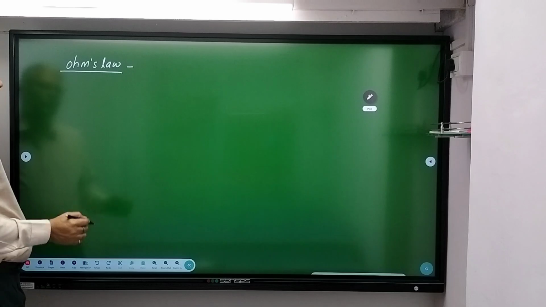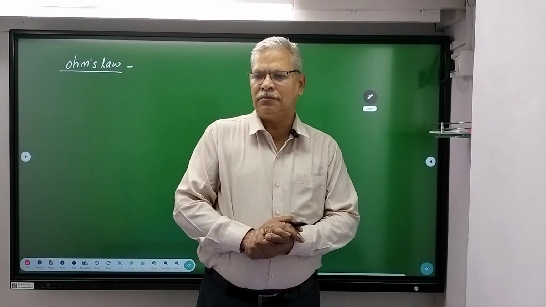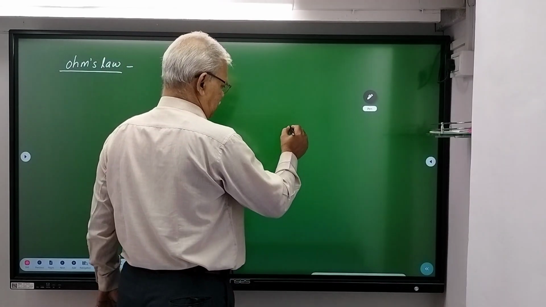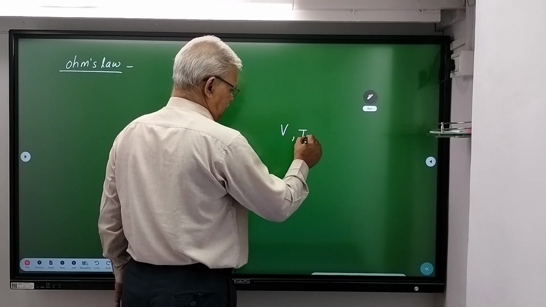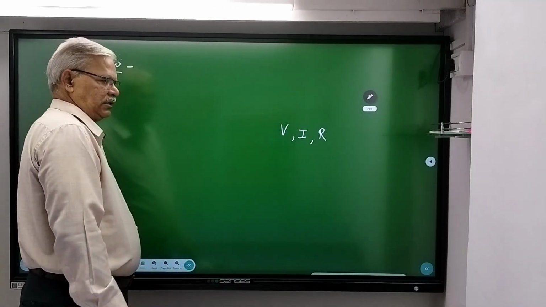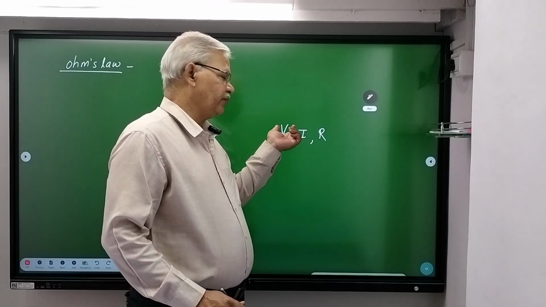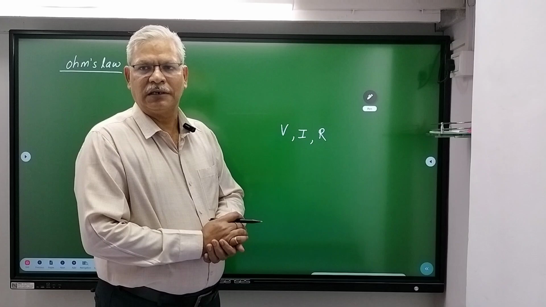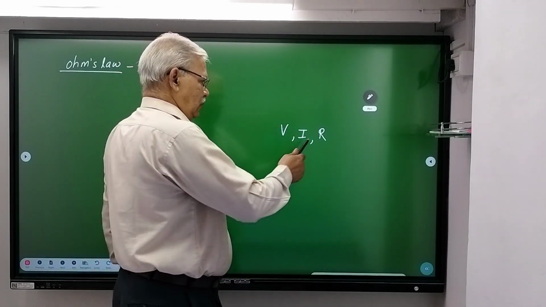Now see here, Ohm's law relates the voltage, current and resistance of a conductor. Means it relates the voltage, potential difference, electric current and resistance of the conductor. I am going to tell you what is the resistance later on.